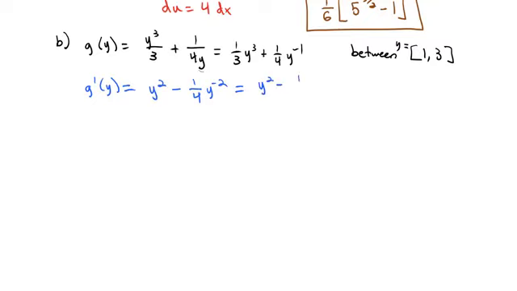Y squared minus 1 over 4y squared. And let's actually make this into one big fraction by multiplying the left part by 4y squared over 4y squared. And that'll give us 4y to the 4th minus 1 over the common denominator of 4y squared.